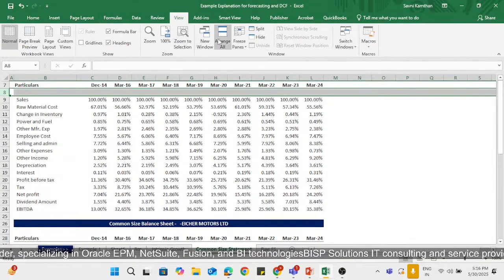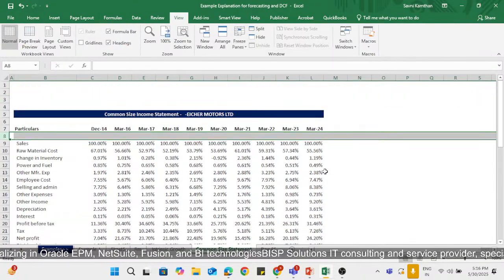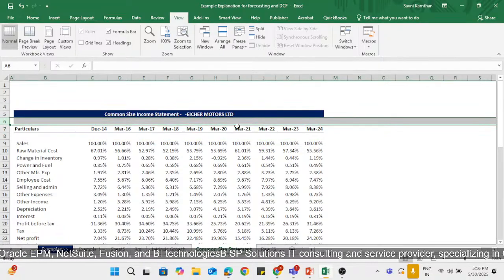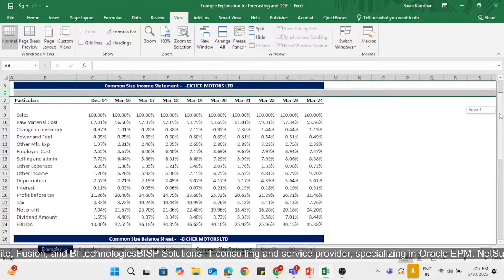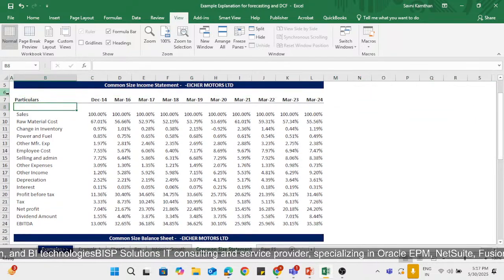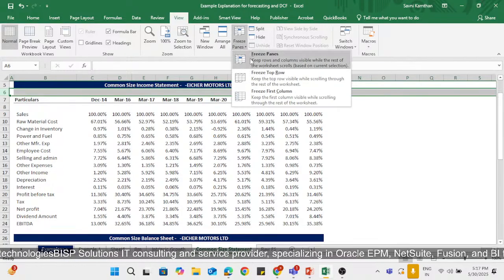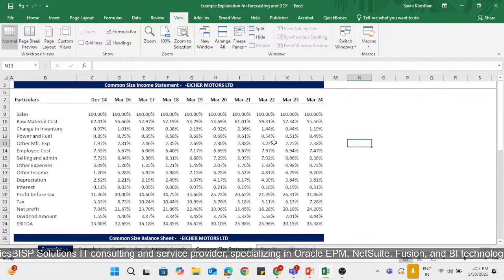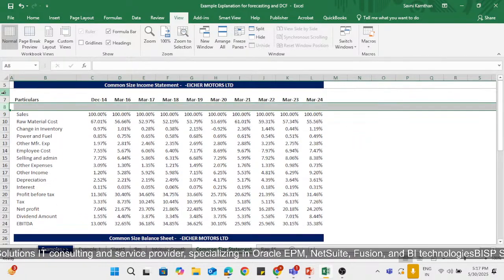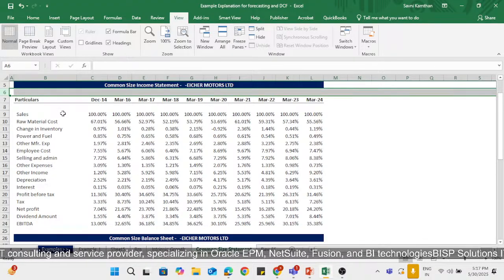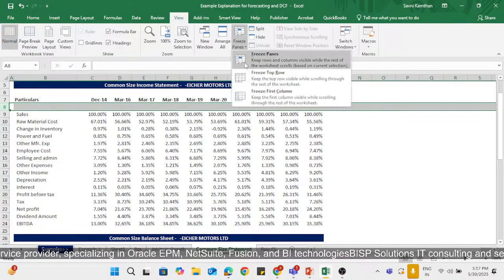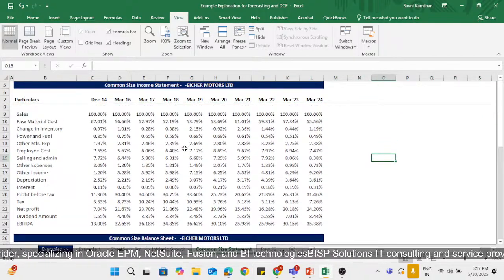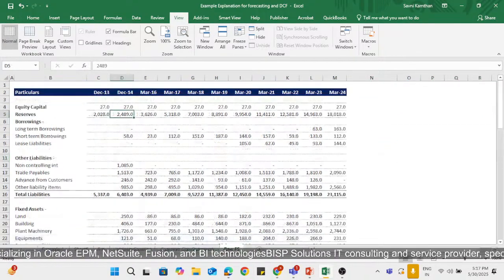Okay, our income statement was frozen, so it was not visible for us. So this should be unfrozen and this should be frozen, because we have to do the calculation, so we want to see, right? I have created my raw financial statements over here.